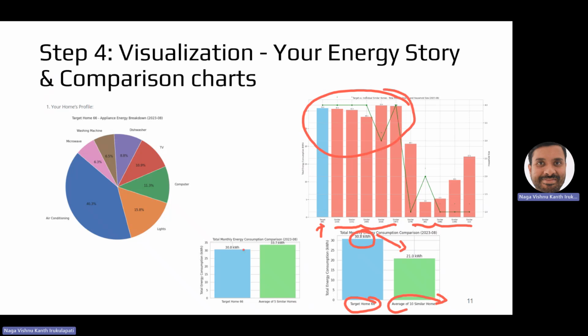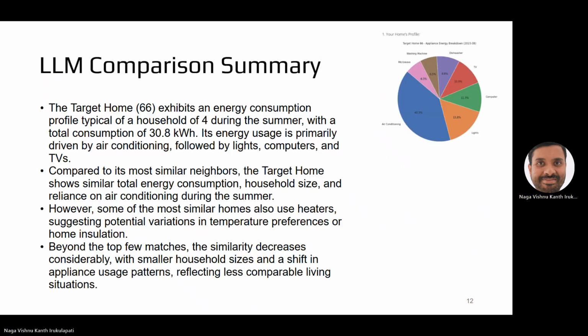Then you see that you are much better: your target is 30.8, and the average of the similar 5 homes is 33, which is reasonably good for a similar household size. But when the household size is much lower, then the energy consumption is much lower for them than for you. So you can get these kinds of summaries through this tool and code base that we have built.